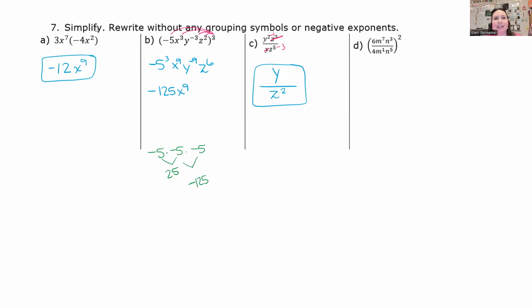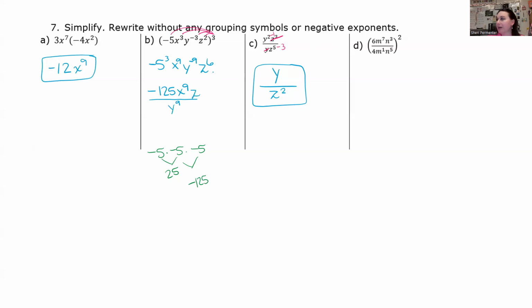What about y to the -9th? How do I fix it? How do I fix a negative exponent? I change it to a positive, but the only way I can do that is to write it down here. I have to move it. And there's nothing wrong with z to the 6th.